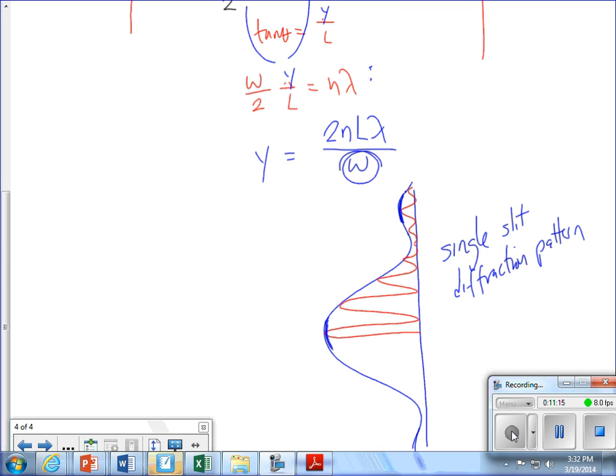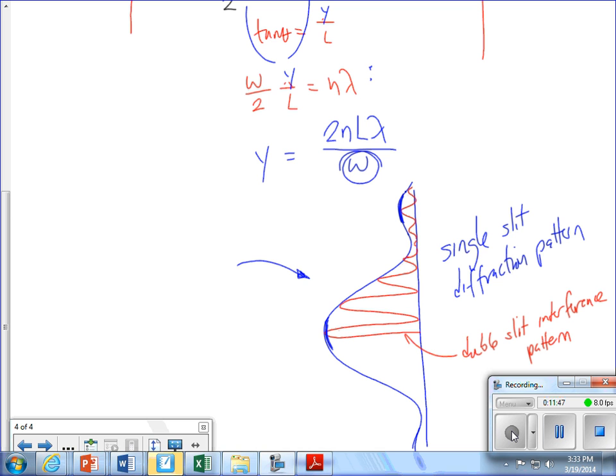But you ought to have in your mind that the double slit interference pattern has to fit within what we call the single slit envelope. So in red is our double slit interference pattern. Like we said, it has to fit within the single slit diffraction envelope.